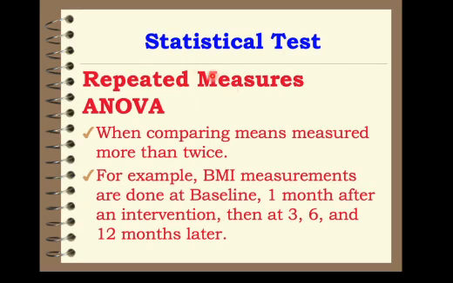Now, when we want to compare means measured more than twice, then the statistical test is a repeated measures ANOVA. For example, if you want to look into whether a special form of exercise will reduce the BMI of obese patients, so you get a BMI measurement at baseline, and then you make people do a special form of exercise, and then 1 month after the exercise, the intervention, you again measure the BMI, and then measure it 3 months, 6 months, and 12 months later, because we have more than two measurements.